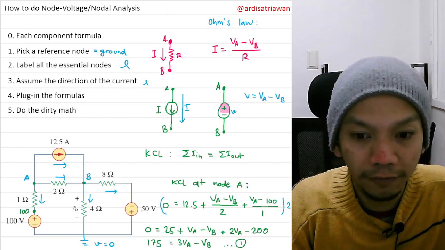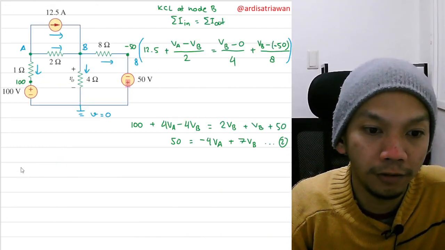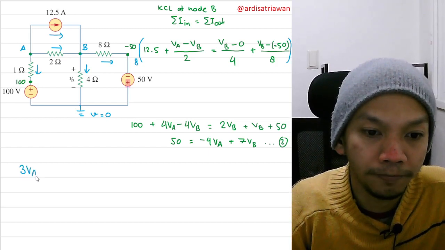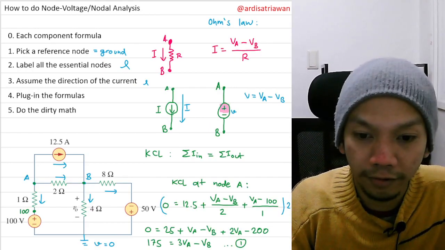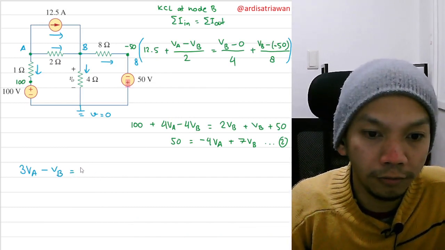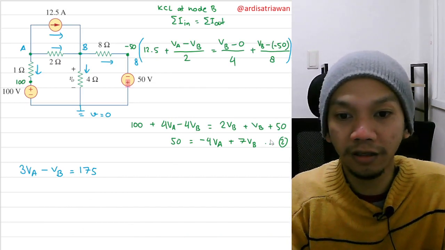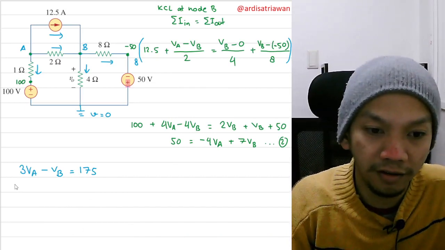So I will have 3VA minus VB is equal to 175. This is from the equation 1, and just rewrite this in here.